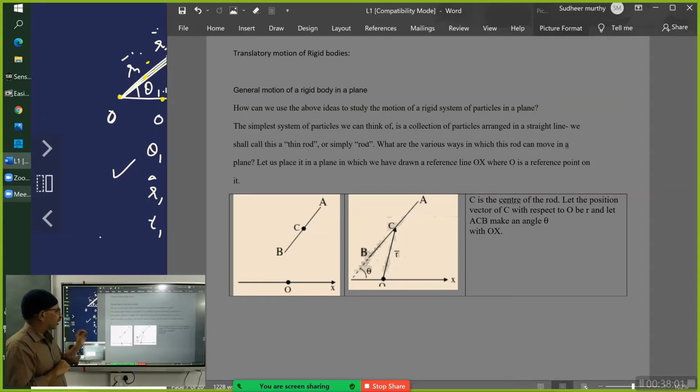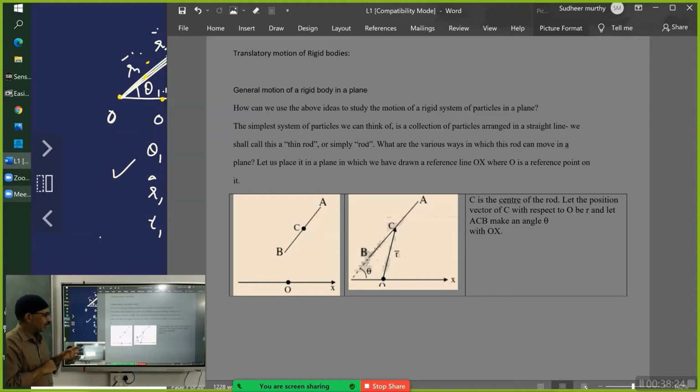Let us place it in a plane in which we have drawn a reference line OX. O is the reference point on it. Now C is the center of the rod. Write the position vector of C with respect to O, and let ACB make an angle theta. That's obvious.